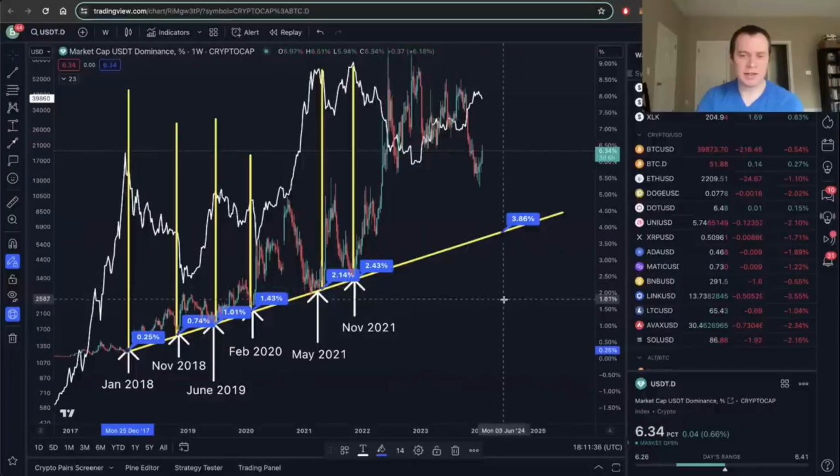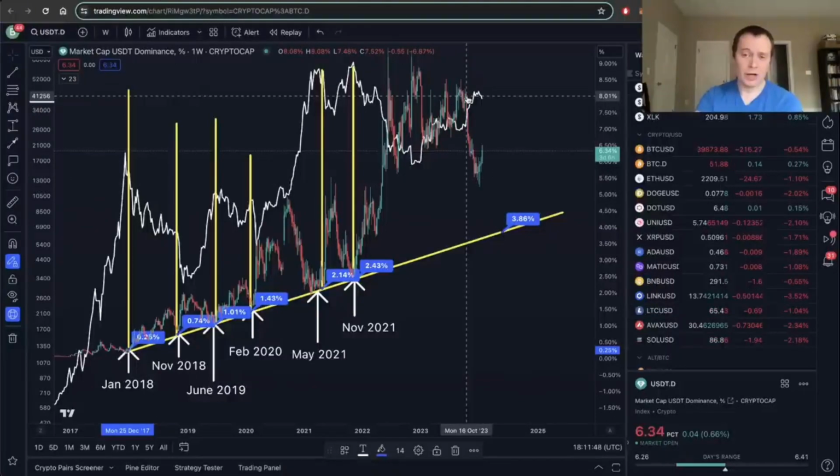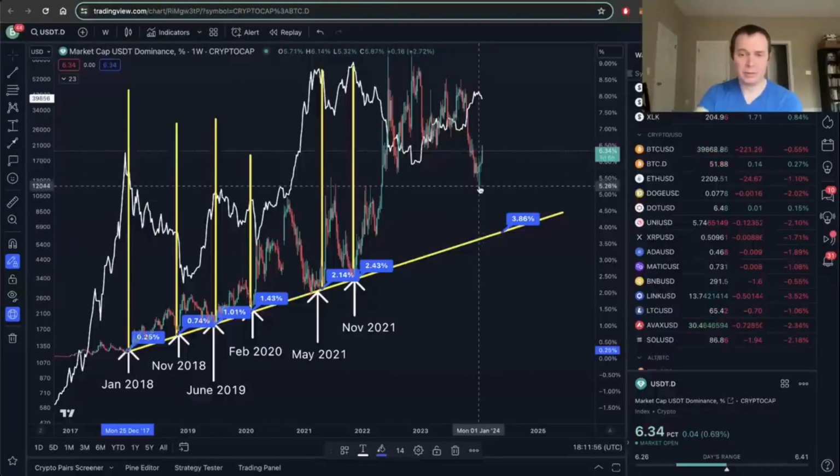Clearly a trend of higher lows. 4% seems pretty far off right now, but in the grand scheme of things, it's not really, when you consider that in October we were at 8%, and just 3 weeks ago we were at almost 5%. We almost hit 5% just a few weeks ago.